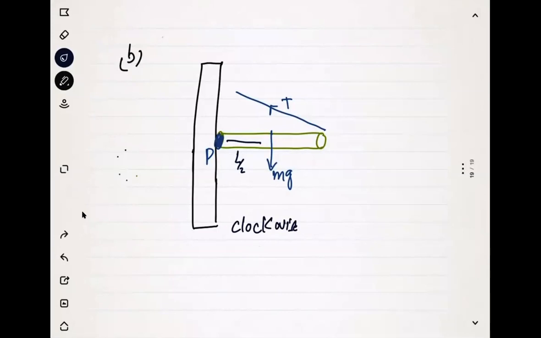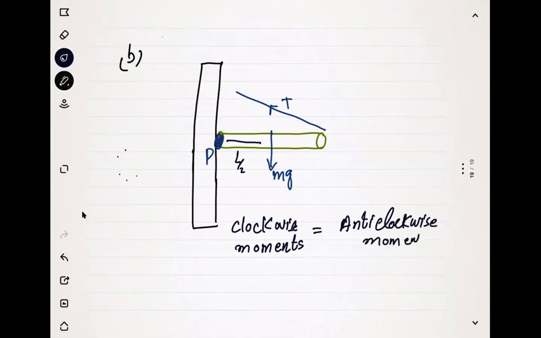So the principle of moments is: the sum of clockwise moments is equal to the sum of anti-clockwise moments about a given point. So clockwise moment must be equal to anti-clockwise moment.